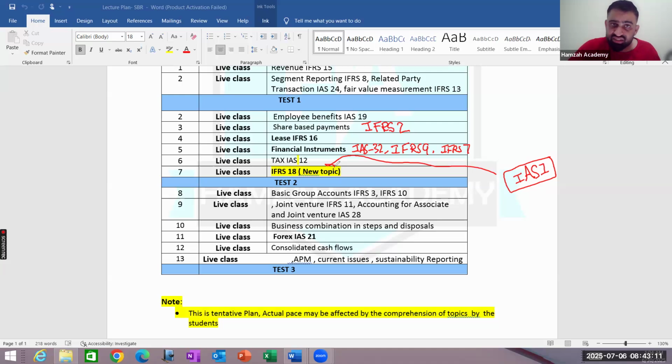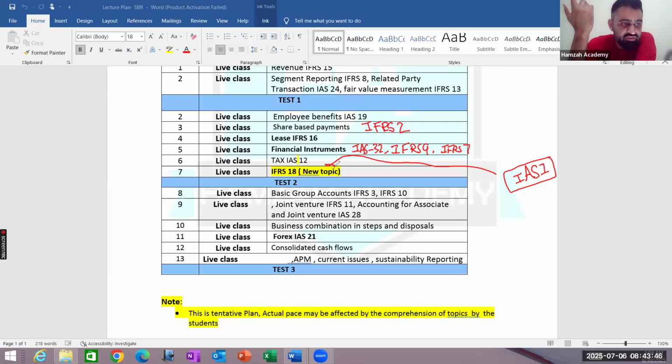There are some changes in the format of the financial statements, especially in the presentation of the profit and loss account, which has changed very significantly. So for that purpose, we will learn IFRS 18. It is very important, because question number 1 will be covering the consolidated financial statements.